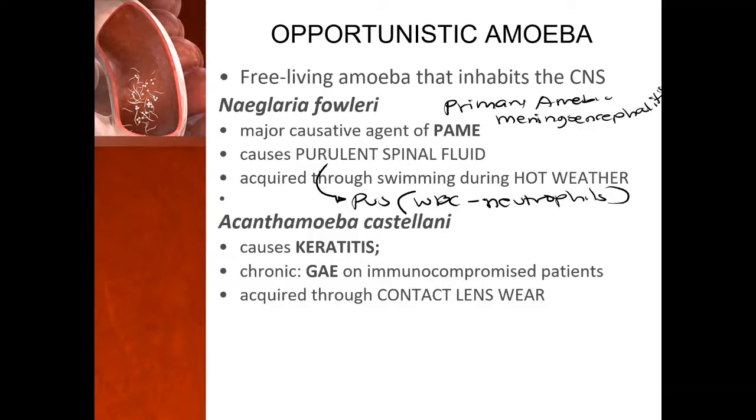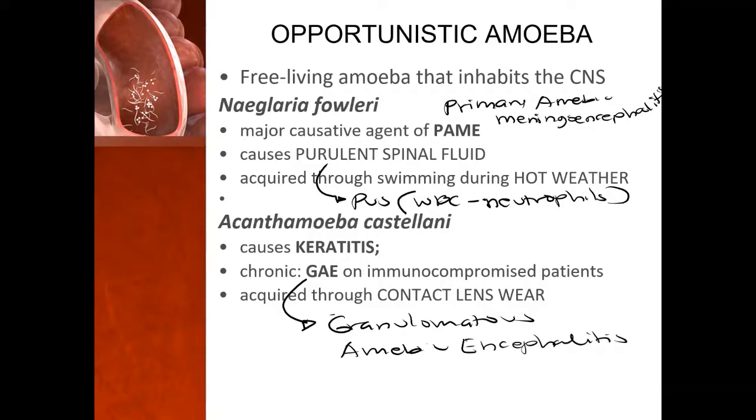On chronic Acanthamoeba infections, it could cause GAE, and GAE is granulomatous amoebic encephalitis. You can spell amoebic either way, it's up to you. It's the same.